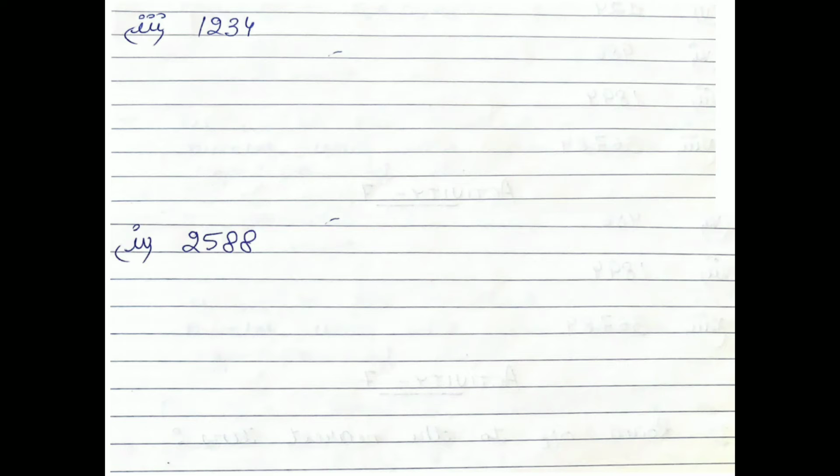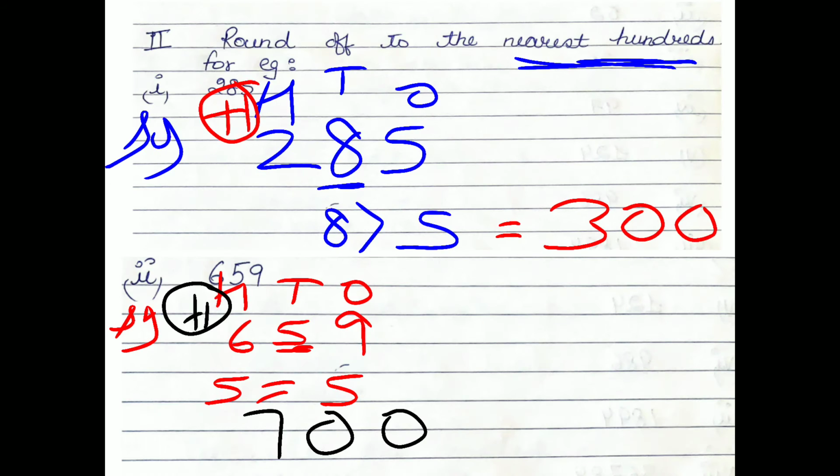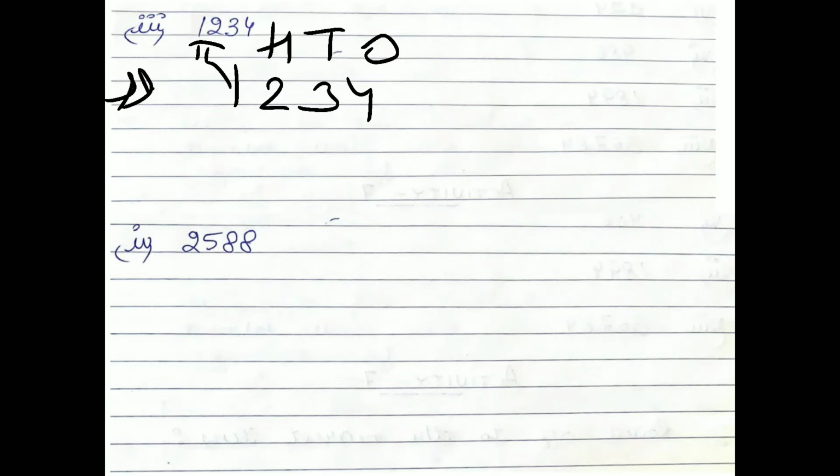Now see other example. 1, 2, 3, 4. First of all you write on every number ones, tens, 100 and 1000. Clear? Written. Now you are doing nearest to 100. So which place do you see? Tens place. So you compare the tens place with 5. Is your number greater or smaller? Smaller.